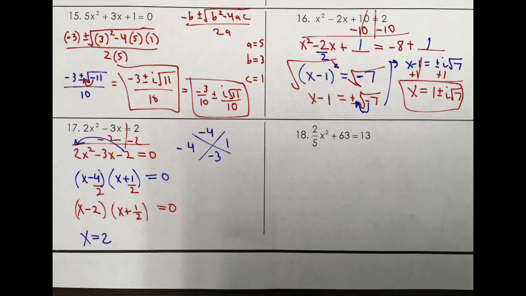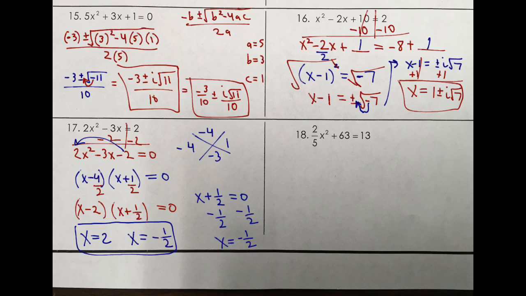And then x is equal to opposite of 1/2 is negative 1/2. There you go. Or again, if you didn't understand that, just set them both equal to 0 and solve. I'll do one so you can see. So x plus 1/2 is equal to 0, minus 1/2, minus 1/2. x is equal to negative 1/2.